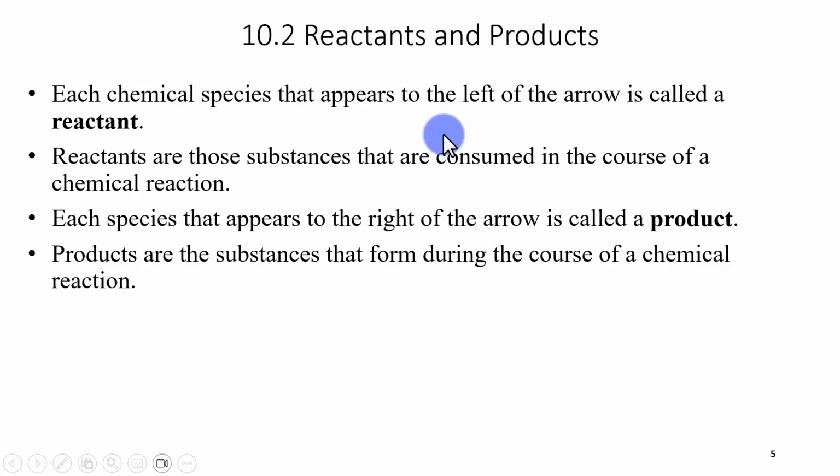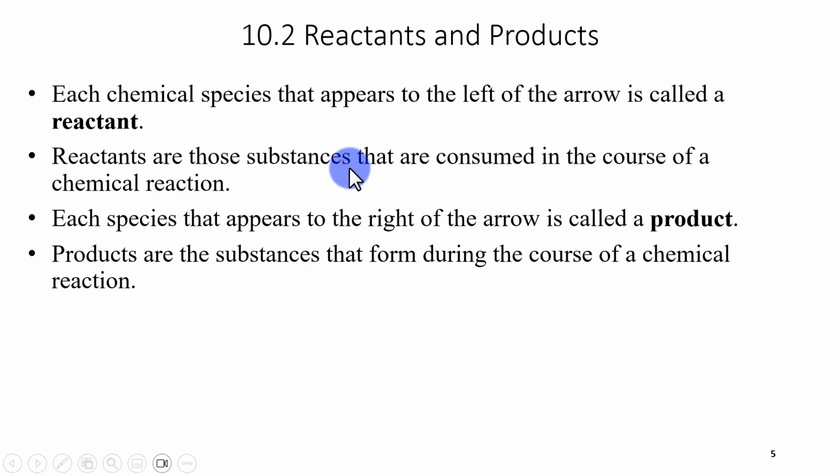Each species that appears to the left of that arrow is called a reactant. These reactants are molecules that are consumed when the chemical reaction happens. Or the idea of consumed, it kind of goes against the destruction or creation of molecules.